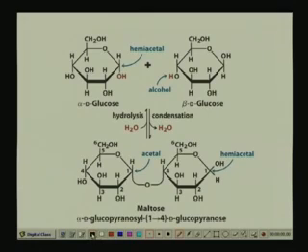Let me just get this straight here. So what is this carbon number? This is carbon number 1, this is carbon number 2, this is carbon number 3, this is carbon number 4, this is carbon number 5, and that's carbon number 6, right? So what is the linking?